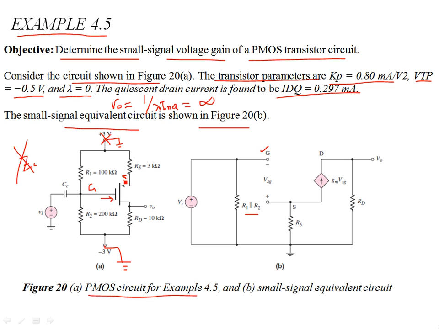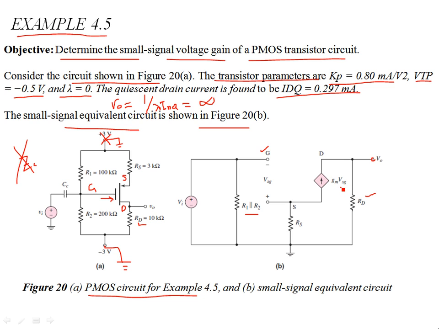so source is at the higher potential with respect to the drain. The output is being taken from the drain, so this is my drain and that's my output. So with V out, I have this RD over here, and so my transconductance current direction will be opposite to that of the NMOS device.